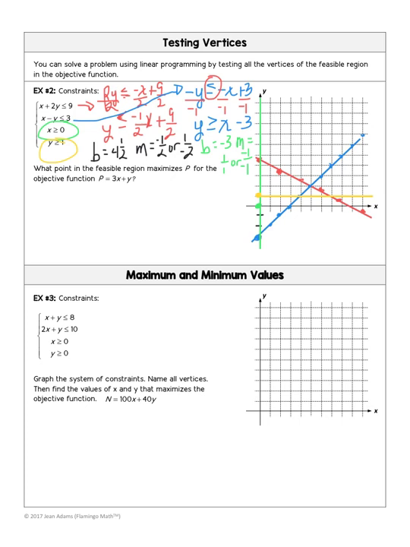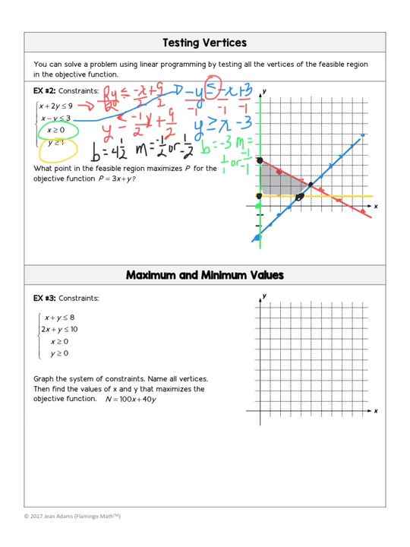So I'm going to plot my vertices. So here's 1, here's 1, another 1, and another 1. So these are my vertices right here. Let me shade in that region. Okay, so there's our feasible region.